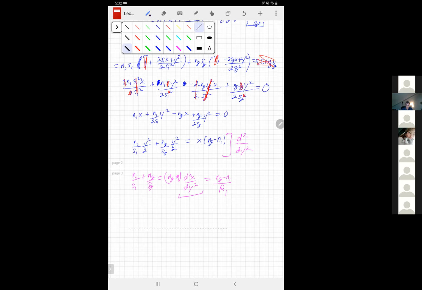Now, so far we just sent the light into the glass. But then I could immediately put a second surface there, N1, NG, N2.